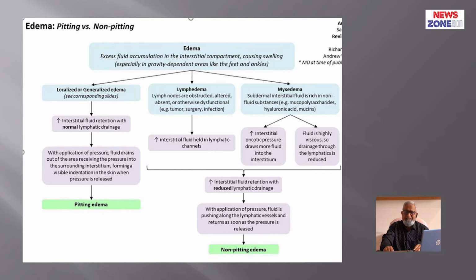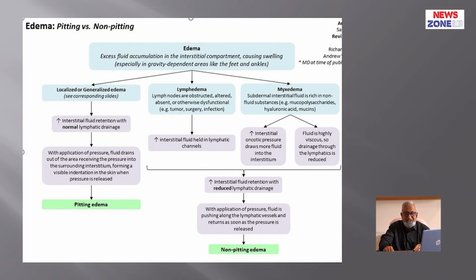What happens in myxedema? The subdermal interstitial fluid is rich in non-fluid substances, for example mucopolysaccharides, hyaluronic acid and mucins. So, the interstitial oncotic pressure draws more fluid into the interstitium, and the fluid is highly viscous.